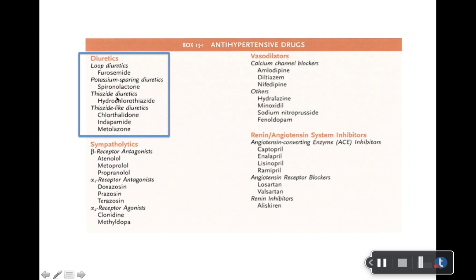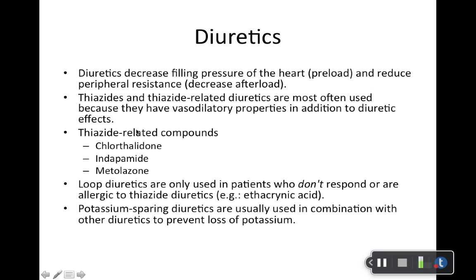Then just jumping back real quick, thiazide and thiazide-like diuretics, please keep those straight. The thiazide one is hydrochlorothiazide, so you'll see this abbreviated HCTZ. I won't only put HCTZ on tests, I try to spell it out, but be mindful of that. You'll definitely see that abbreviation when you're writing prescriptions or looking at charts.